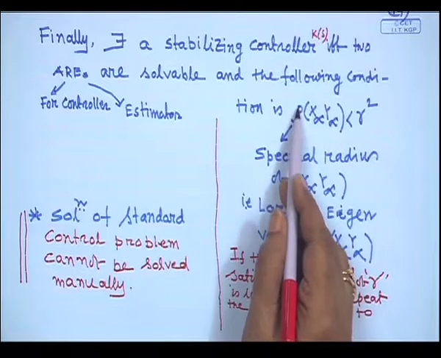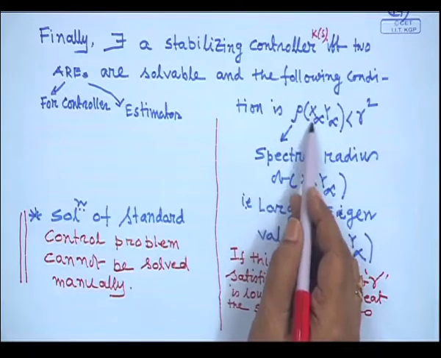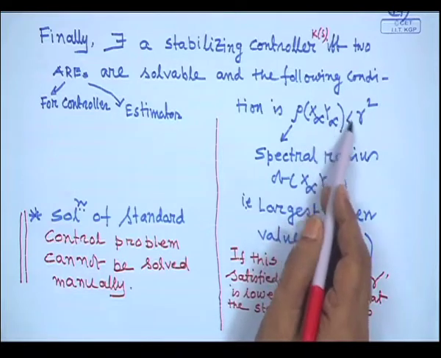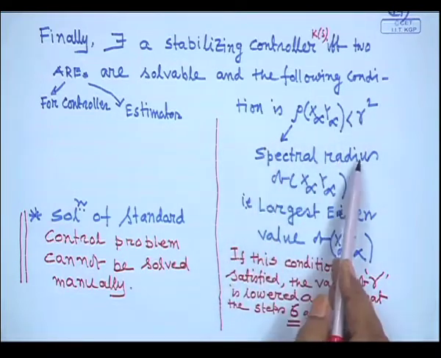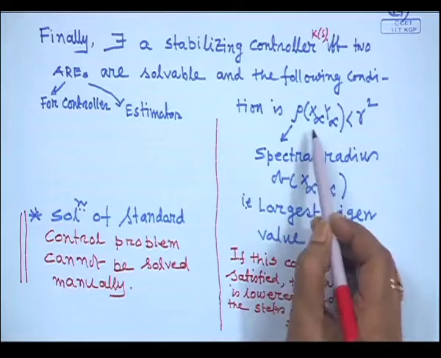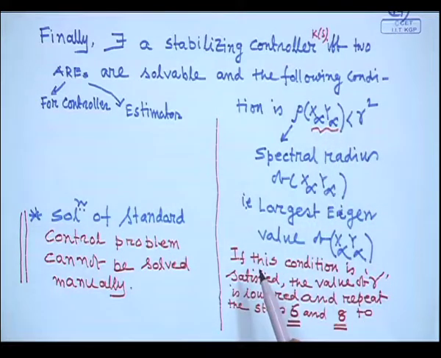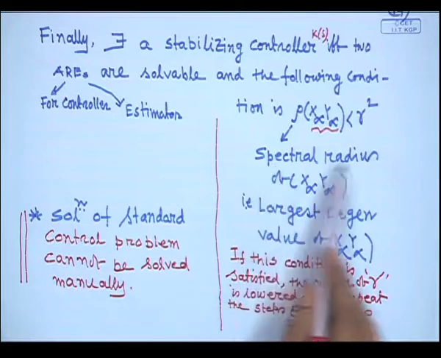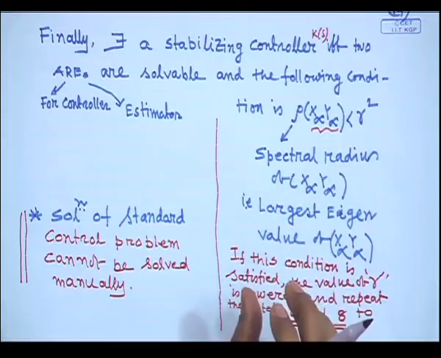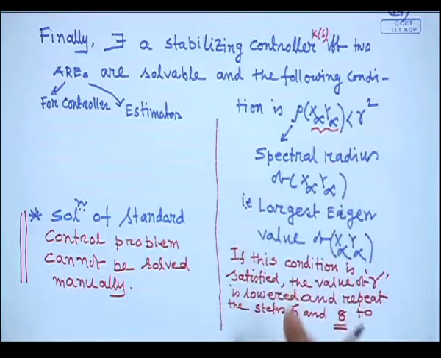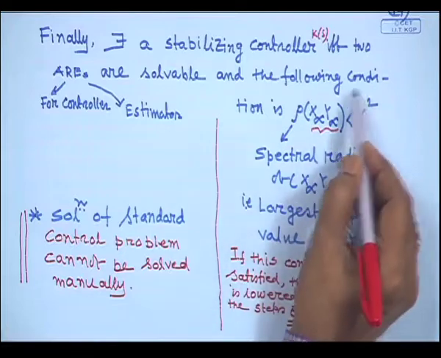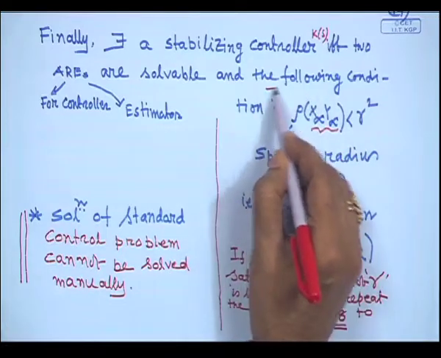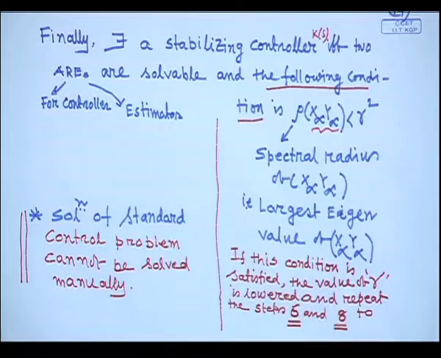That means rho of X infinity Y infinity is less than gamma squared. That means the spectral radius of this matrix, spectral radius means maximum eigenvalue of the matrix, must be less than gamma squared, agree? That condition must also be satisfied.